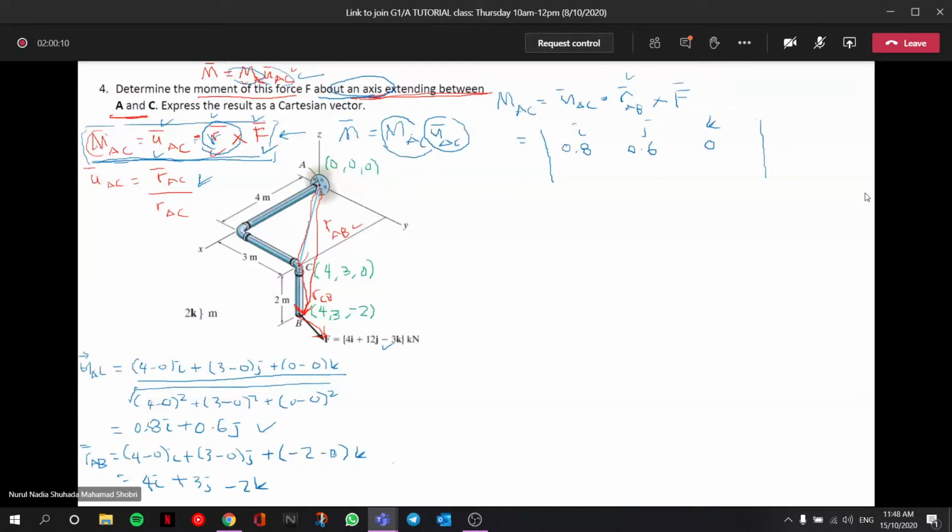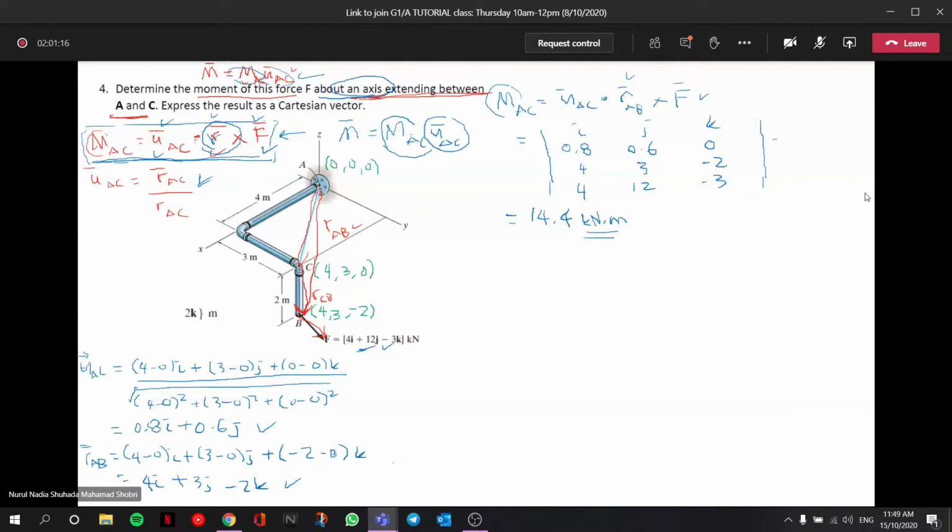For the second row, you fill in with RAB, which is here. And for the third row, you fill in with the F value, which is here. If you solve this, you would get 14.4 kilonewton meter. This is directly the value itself, 14.4 kilonewton meter. So this is what you get if you solve this.